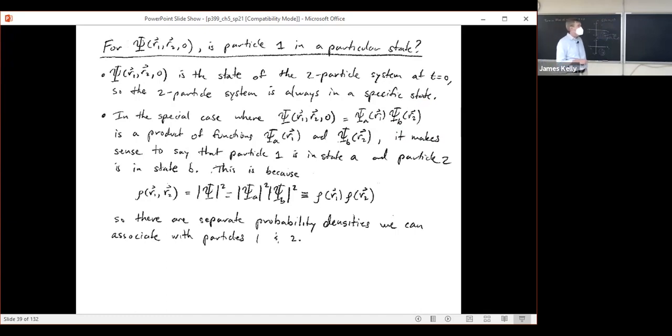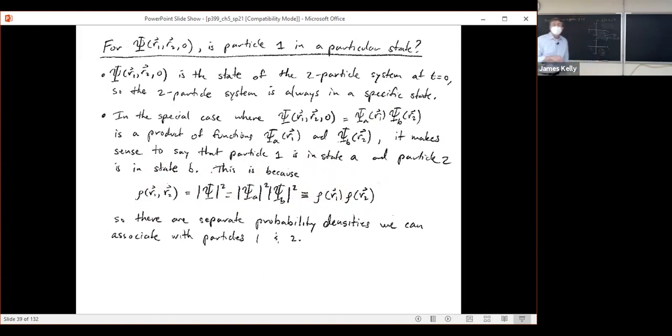Only very special kinds of functions of multiple variables are products of functions of the individual variables. And what that means is, if we calculate the probability density function, which is just the magnitude of the full psi squared, it factors into a product of individual probability density functions. And it's those individual probability density functions that we're associating with particle 1 and particle 2.